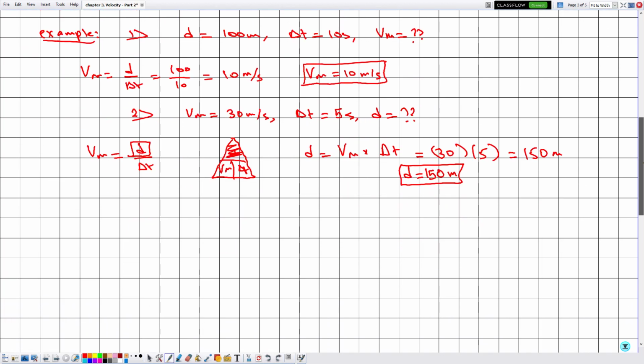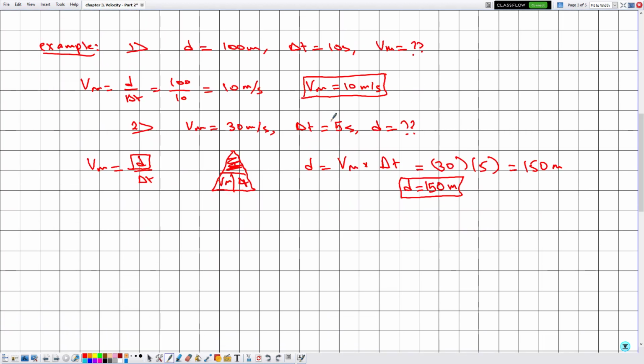Let me also consider a third example in which now we should calculate the duration delta t. Now suppose that Vm is equal to 150 meters per second and the distance d is equal to 10 meters. We are interested in determining delta t.